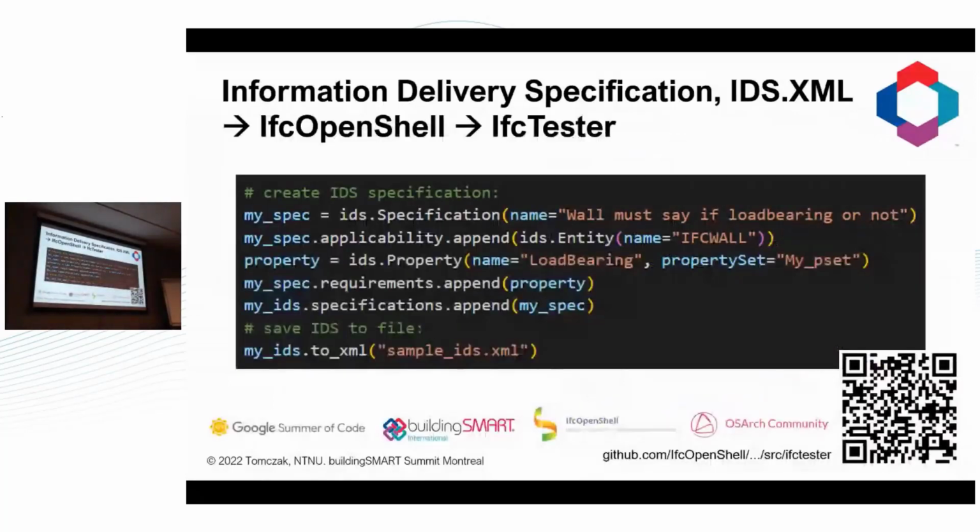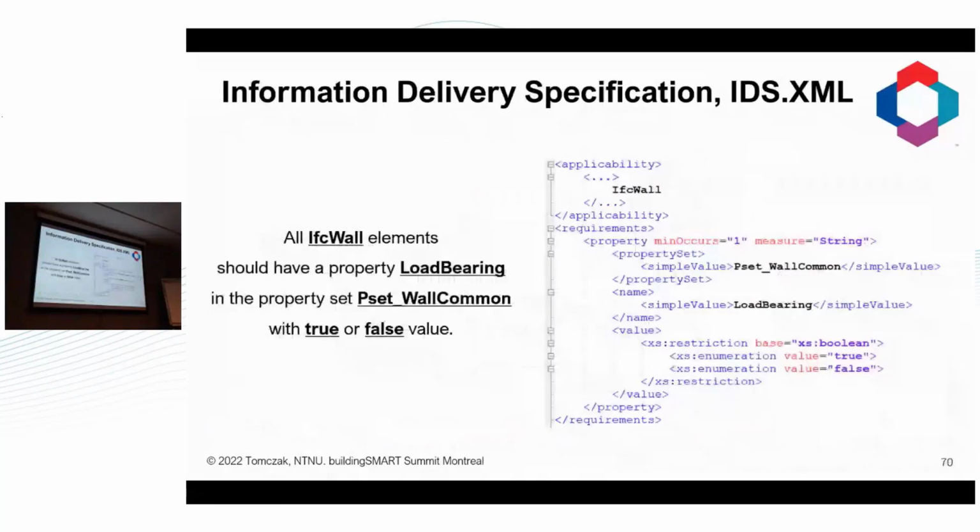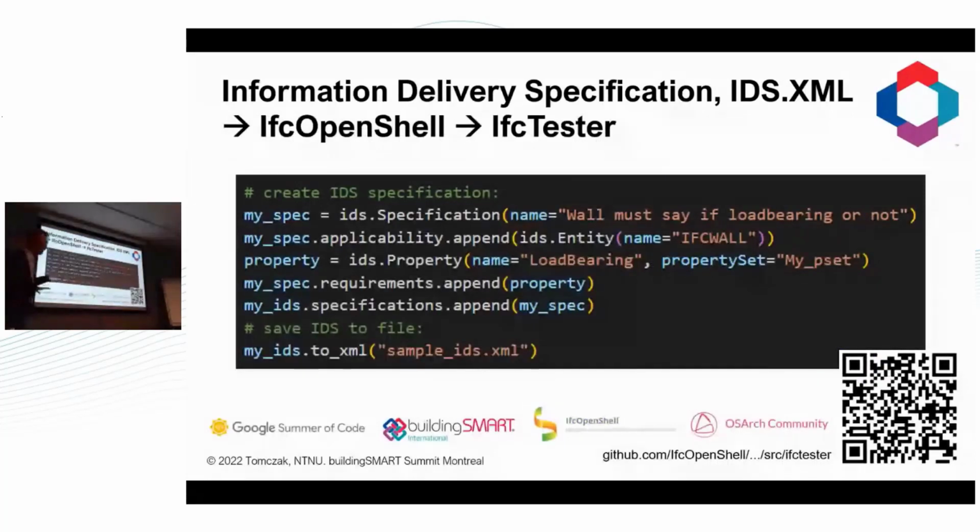But okay, I wanted to show you how you can use the tool that I started to develop, which is IFC Tester, which is a part of IfcOpenShell, open source library for IFC. I did that last year during the summer when buildingSMART was working on, I think, version 0.4 of the IDS, which has improved a lot during that year.